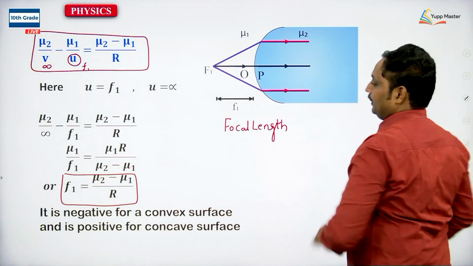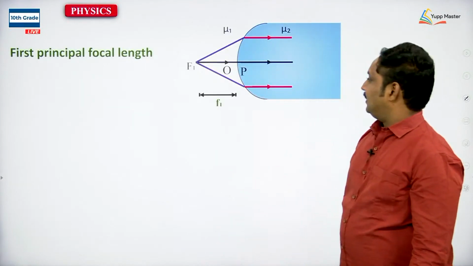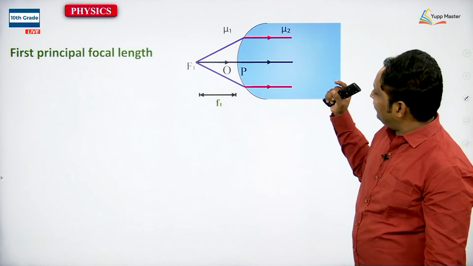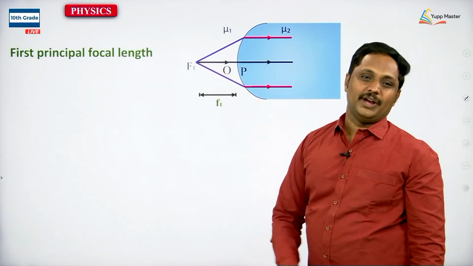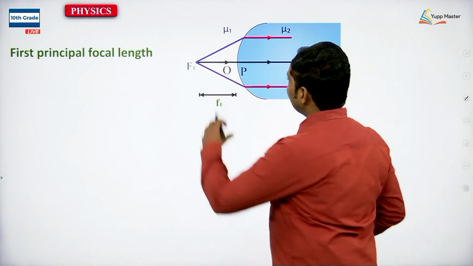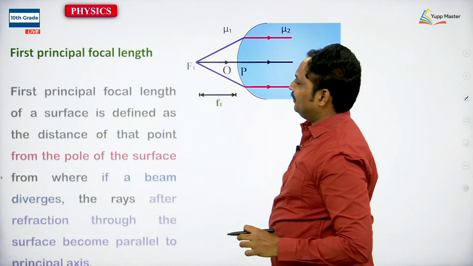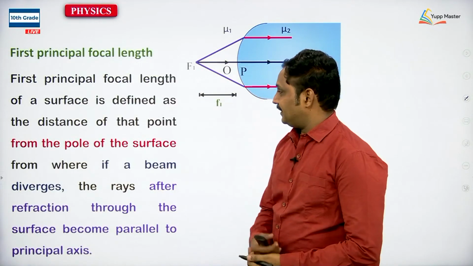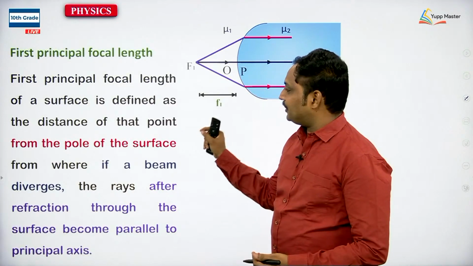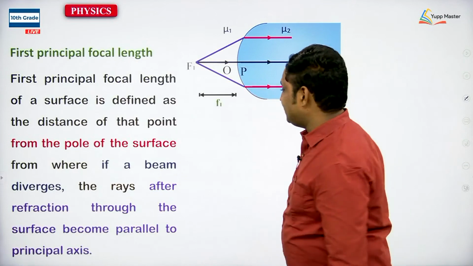Let us have a look. First principal focal length, it is very clear. It is the distance between the pole and the first principal focus. But we have to take the nature of the light rays into account. The first principal focal length is defined as the distance from the pole of the surface to the point from where a beam diverges.